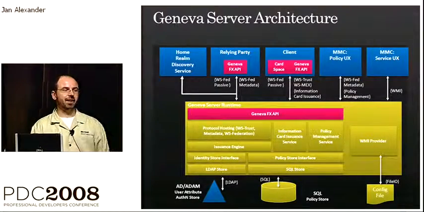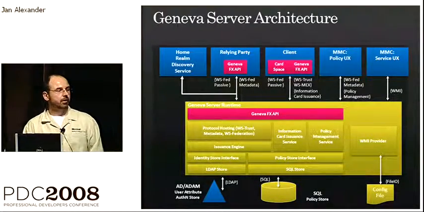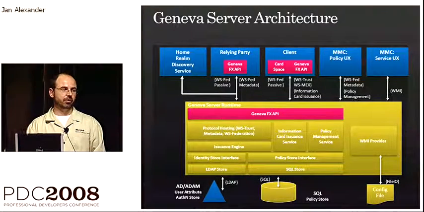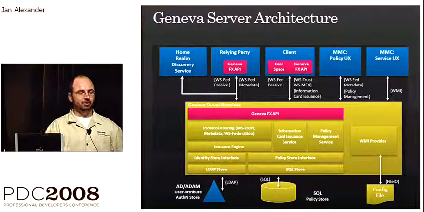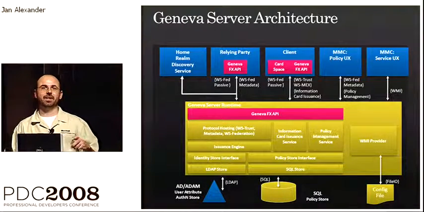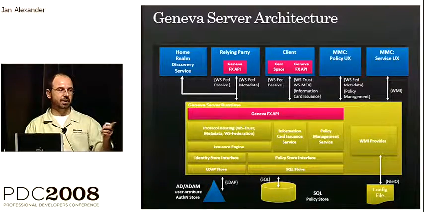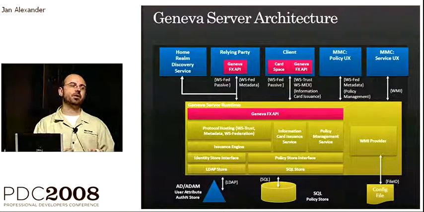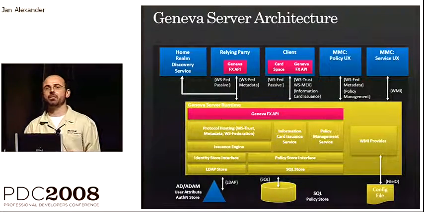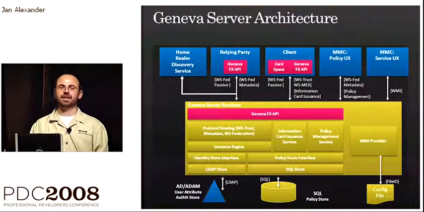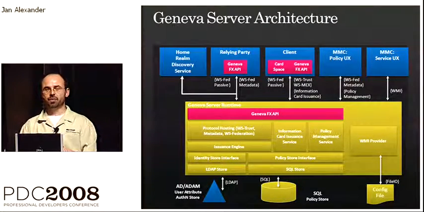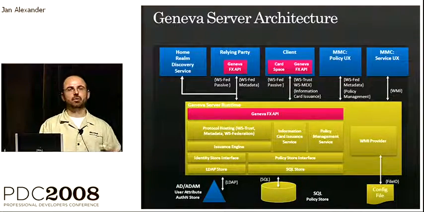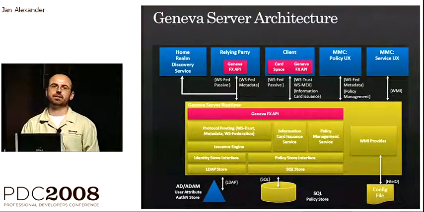So here's a nice picture with ugly color that shows the Geneva server architecture. There are a lot of interesting things, but the thing that I want to call out is that, as you can see, the Geneva server is built on Geneva framework. Which brings an interesting point. The Geneva framework can be used to build STSs as well as applications. I'm using it primarily to build applications, which is this ASP.NET application I'm showing, but you can also build custom STSs with it.